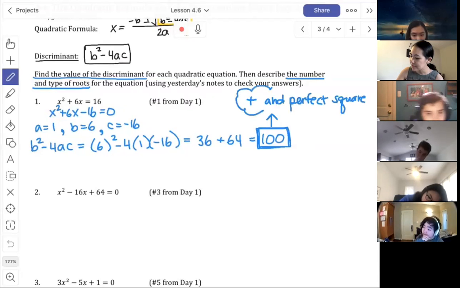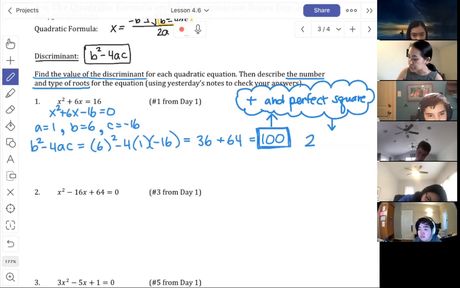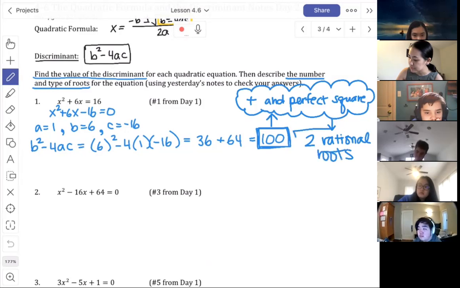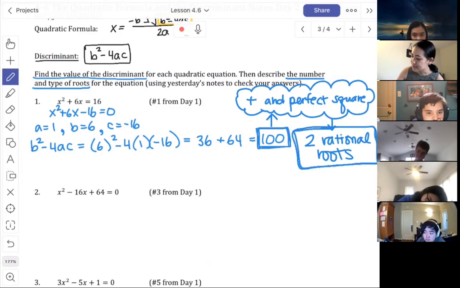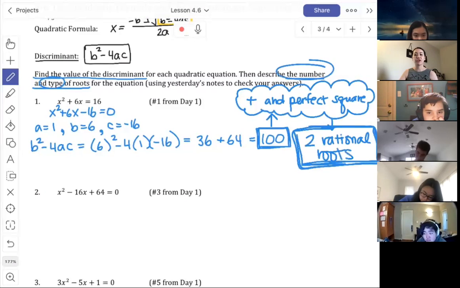Because it's positive and it's a perfect square, I'm going to end up with 2 rational roots. All right, and that tells me the number and type of roots I should expect if I were to do the whole quadratic formula. I would expect 2 rational roots.